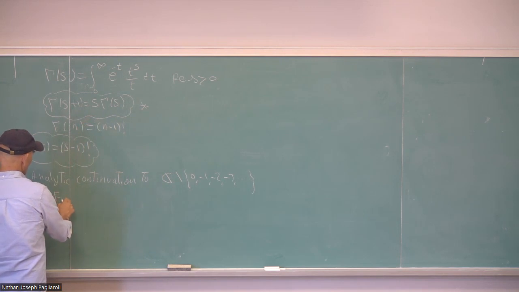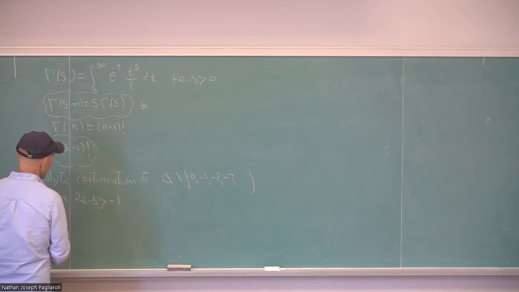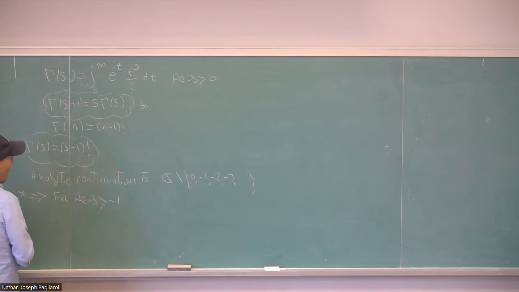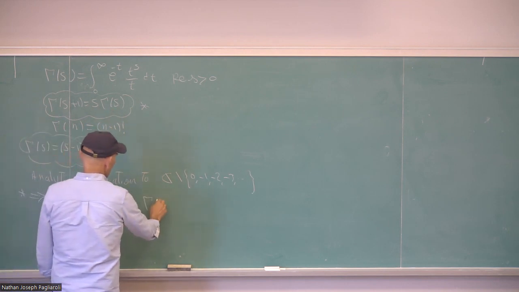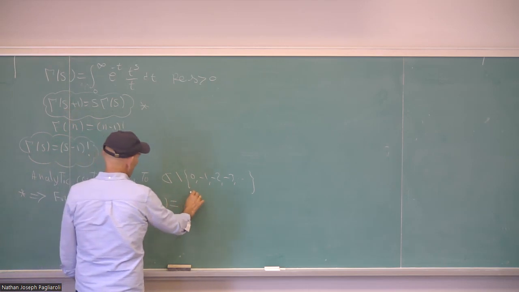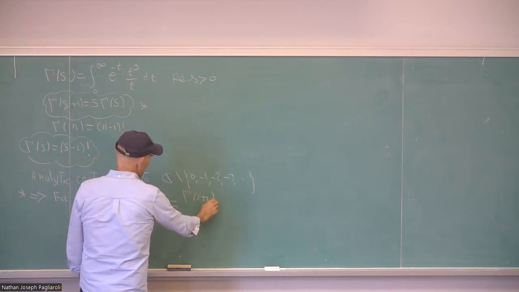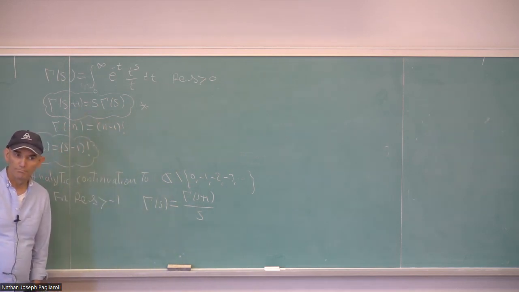So for real part of s bigger than minus 1, I can define here gamma of s to be equal to gamma of s plus 1 over s. Here is the formula.